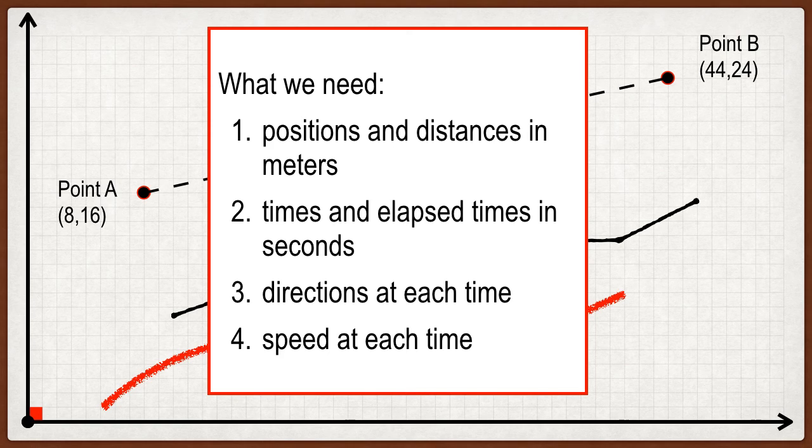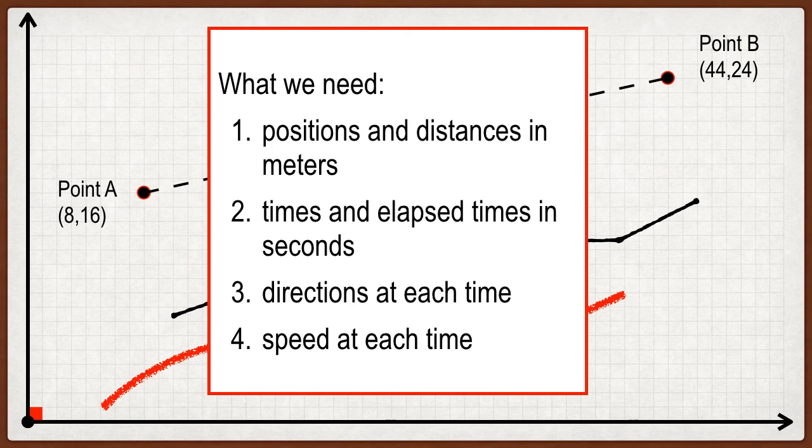And then we need directions at each time. For the straight line, we just need one direction. But for the segmented line, we need 3 directions. And for the curved line, we need a whole lot of directions at every instant of time.